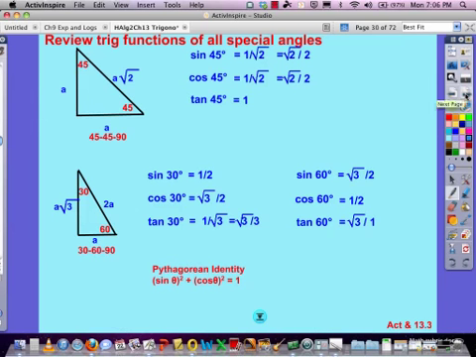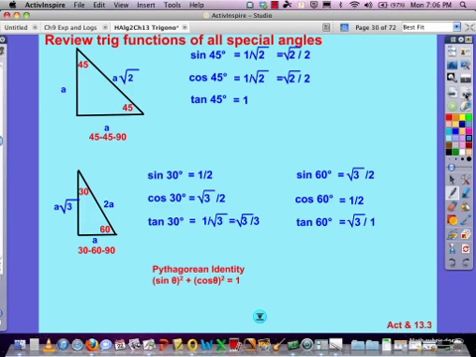This slide also, we've been working with for several days now. These are the special right triangles from geometry we expected you to remember, the 45, 45, 90 and the 30, 60, 90, and each of their sine, cosine, tangent values are listed. You don't have to have them all memorized. We talked about if you do the sines, sine of 30, sine of 45, sine of 60, you can get all the others by the complement theorem and the definition of tangent.